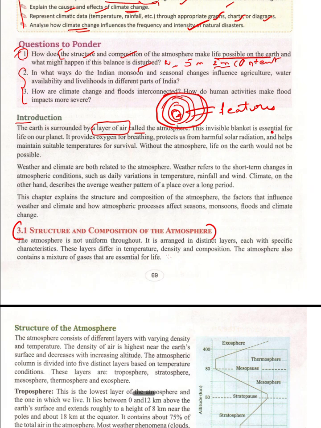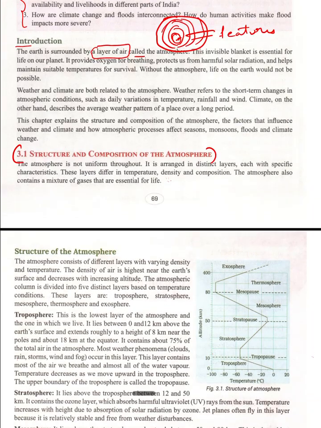This invisible blanket is essential for life on our planet. It provides oxygen for breathing, number 1. It protects us from harmful solar radiation, number 2, like through O3, the ozone layer in the mesosphere. And it helps maintain a sustainable temperature for survival.